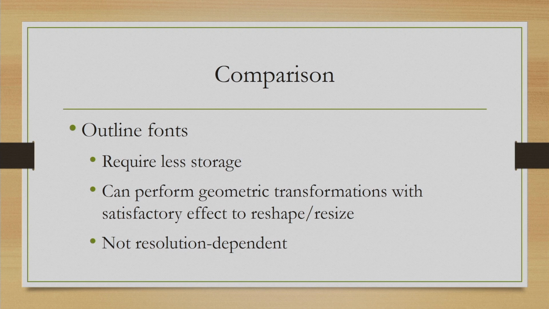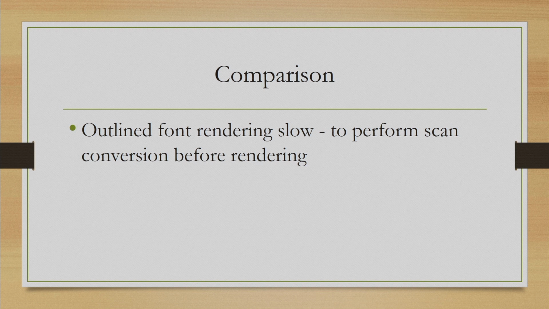On the other hand, outline fonts compute the intermediate pixels, they do not store everything. So, they require less storage, and they can perform geometric transformations with satisfactory effect to reshape and resize. The distortion will be less and it is not resolution dependent. But on the other hand, rendering such fonts is slow, which is quite obvious because computations are involved.